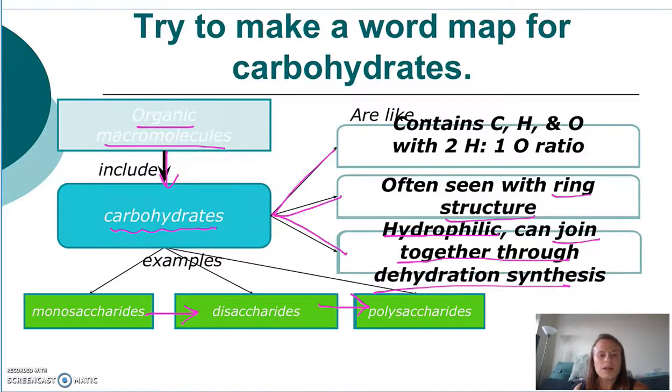So let's talk about number of rings in our 3 types of carbohydrates. We've got monosaccharides with 1 ring. Disaccharides are going to have 2 rings. And polysaccharides are going to have 3 or more rings.